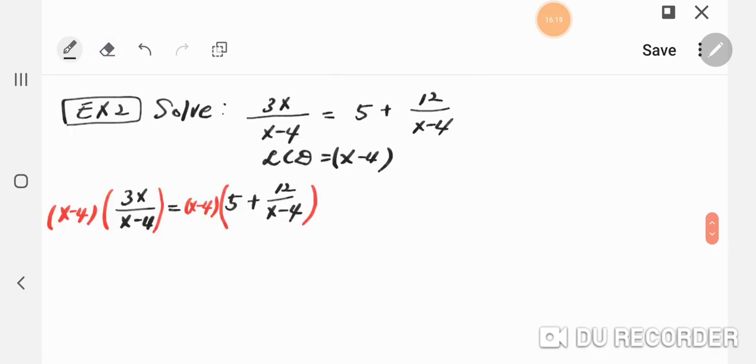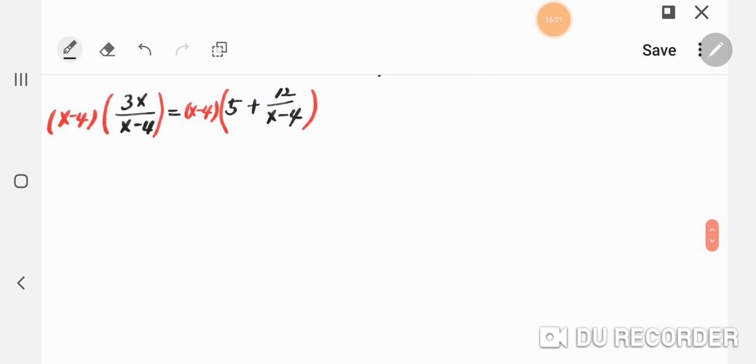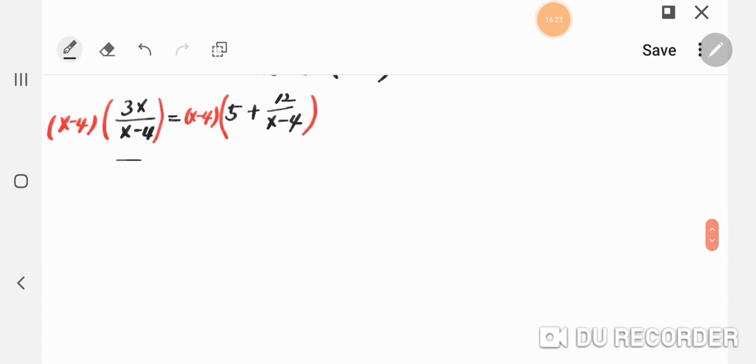Then on the left side the x minus 4 cancels out, so we get 3x. The right side we have to distribute. So x minus 4 will be multiplied by 5 plus x minus 4 will be multiplied by this fraction.